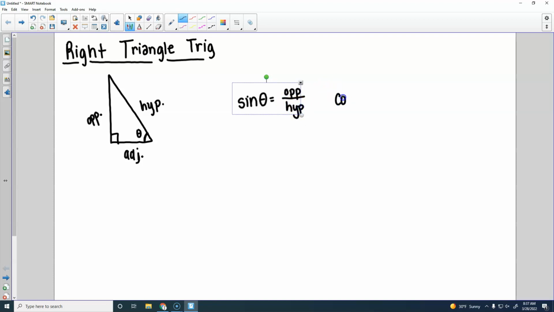We've got cosine of theta, which would be adjacent over hypotenuse. And we've got tangent of theta, which would be opposite over adjacent.